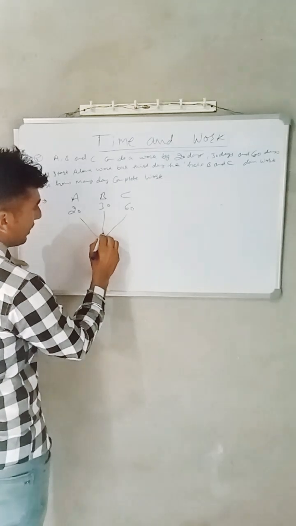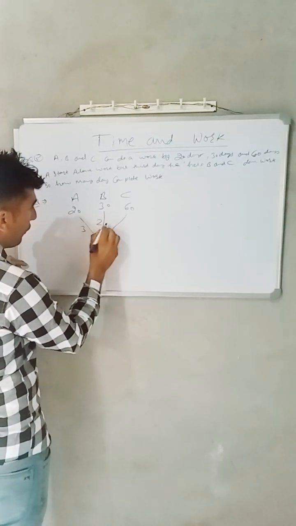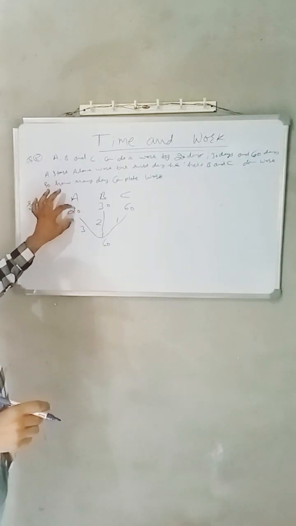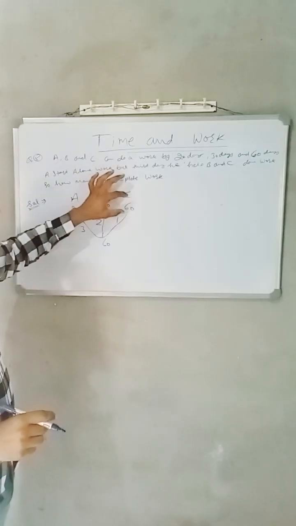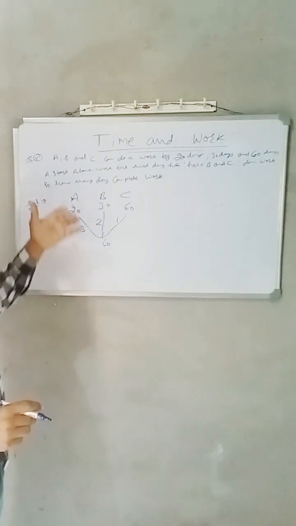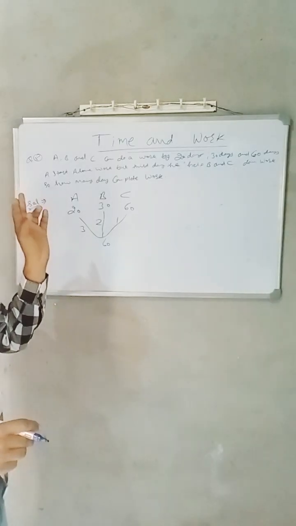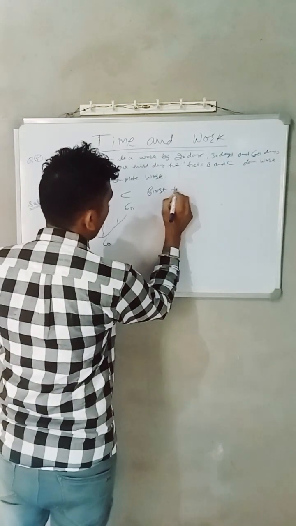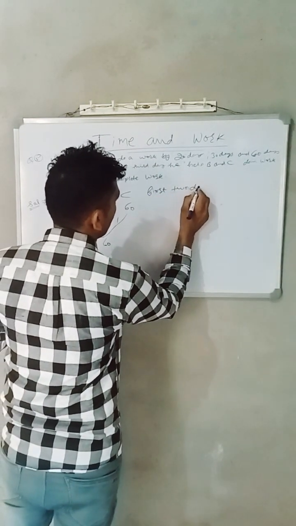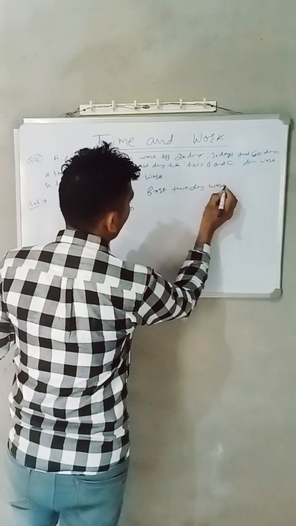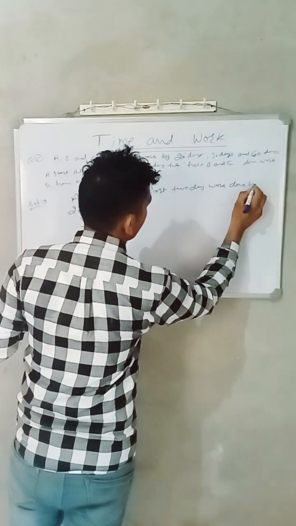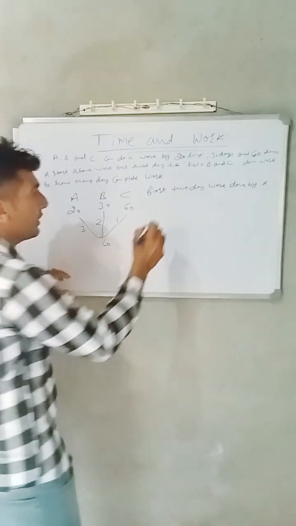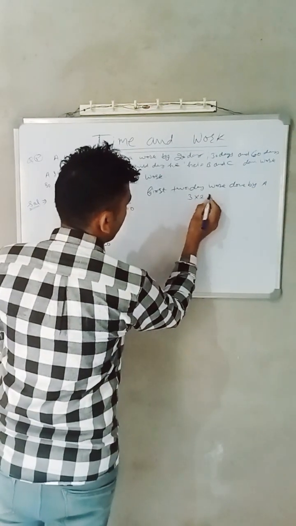LCM is 60. A 3, B 2, C 1. So for the first 2 days, the work is done by A alone. A's 1 day work is 3, then 2 days is equal to 6 parts.